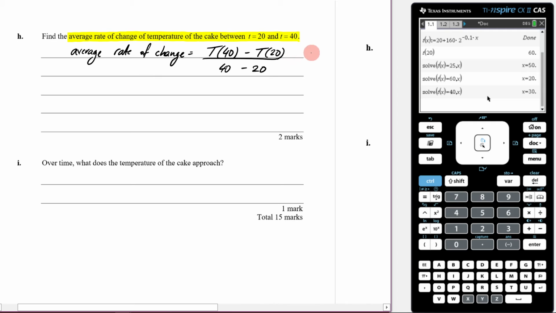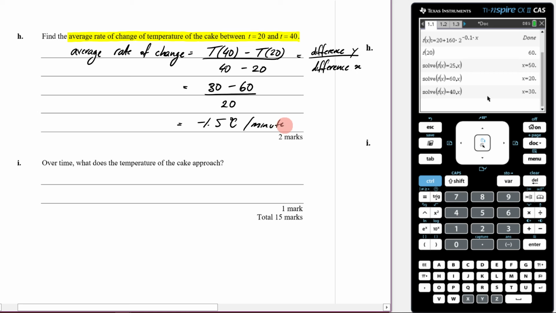So you want to get the difference in the y over the difference in the x. So that means we're going to end up with, once we put this all in, 30 minus 60 over 20, which is going to be negative 1.5 degrees Celsius a minute.